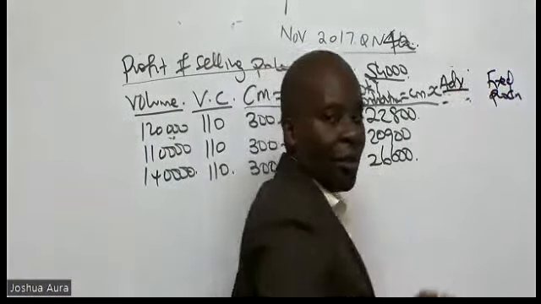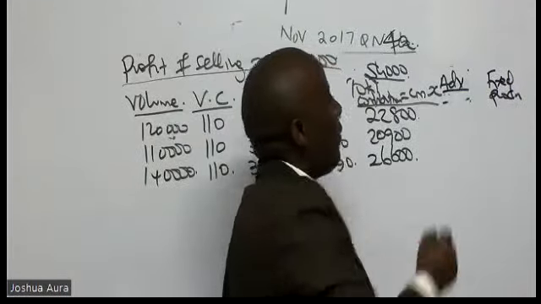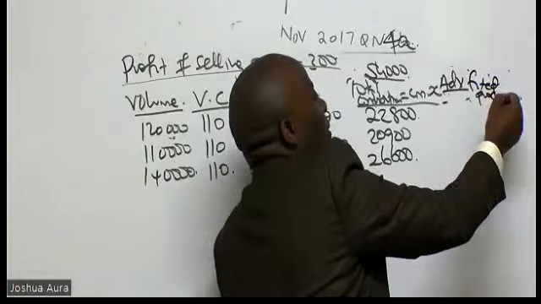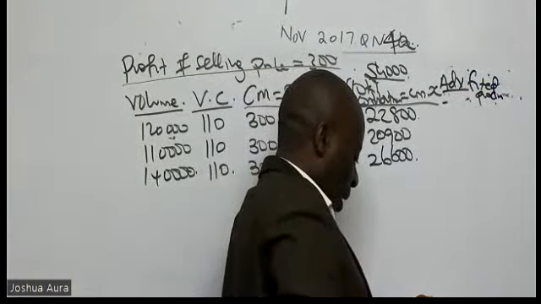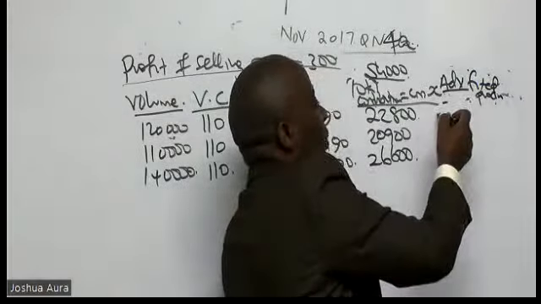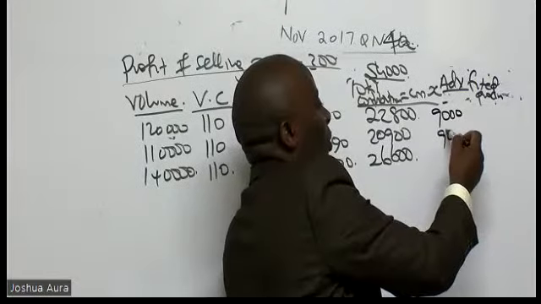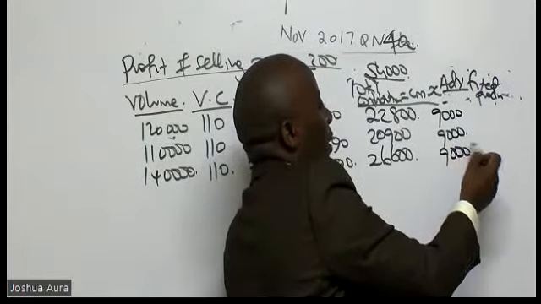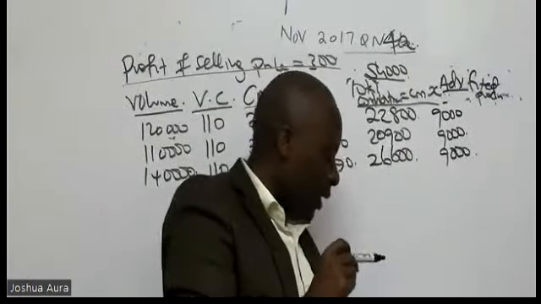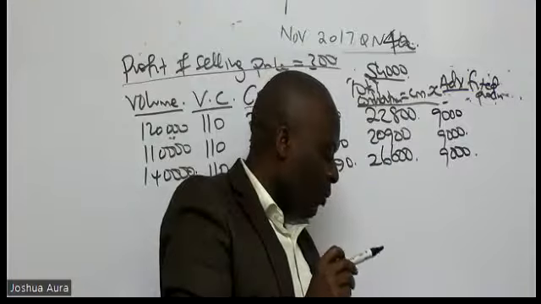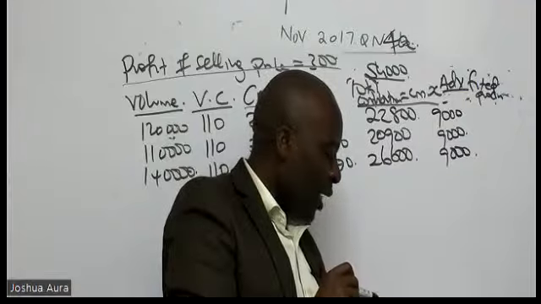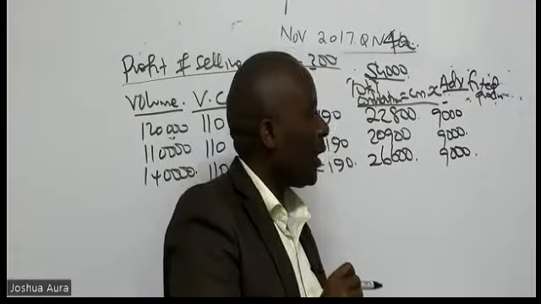The advertisement cost at the selling price of 300 is going to be 9,000 throughout, doesn't matter the level of production. In note number 2, advertising cost would be 9 million, but I'm chopping the 3 zeros to be consistent, per annum at a selling price of 300.